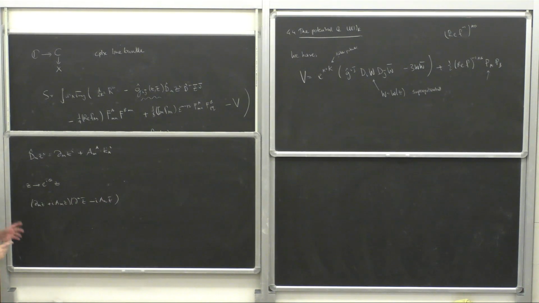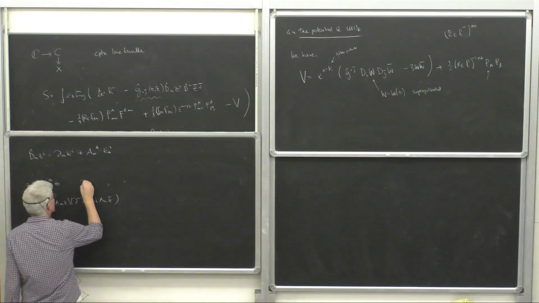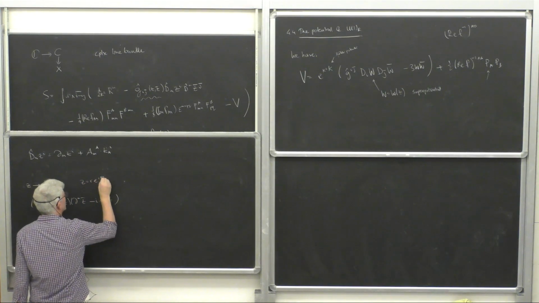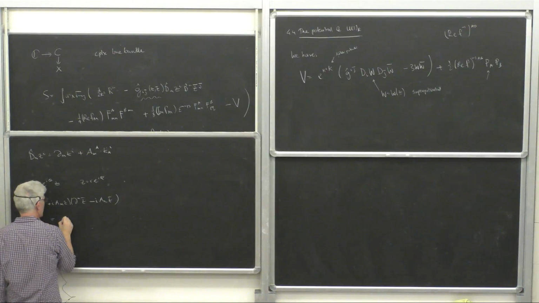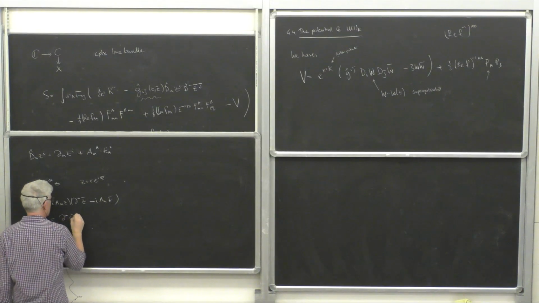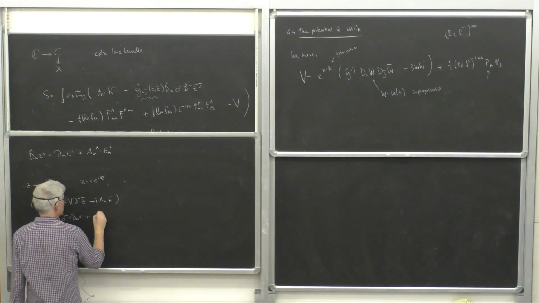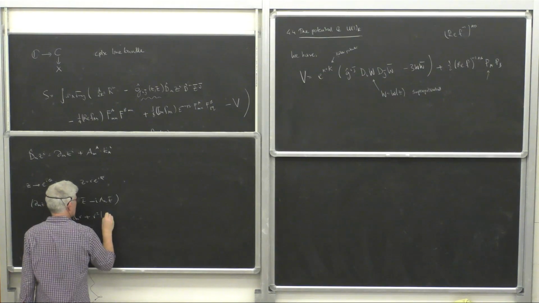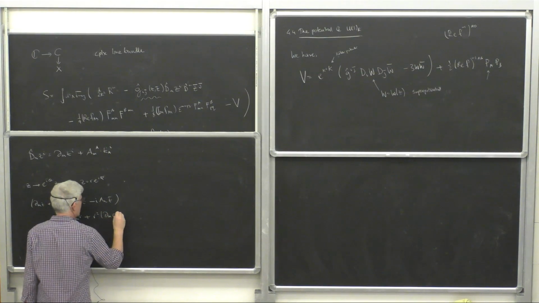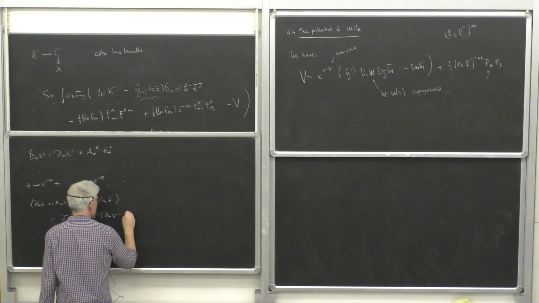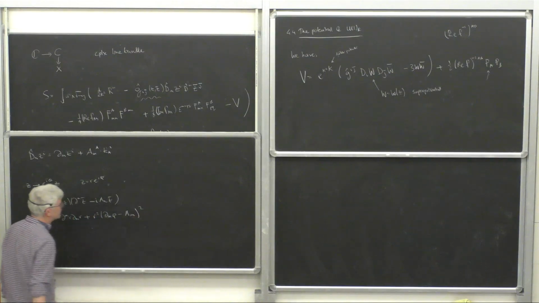That's this nice linear action here on the fields. But if I think of z as r e^{iφ}, this whole thing becomes d_m r plus r squared (d_m φ minus A_m) all squared.